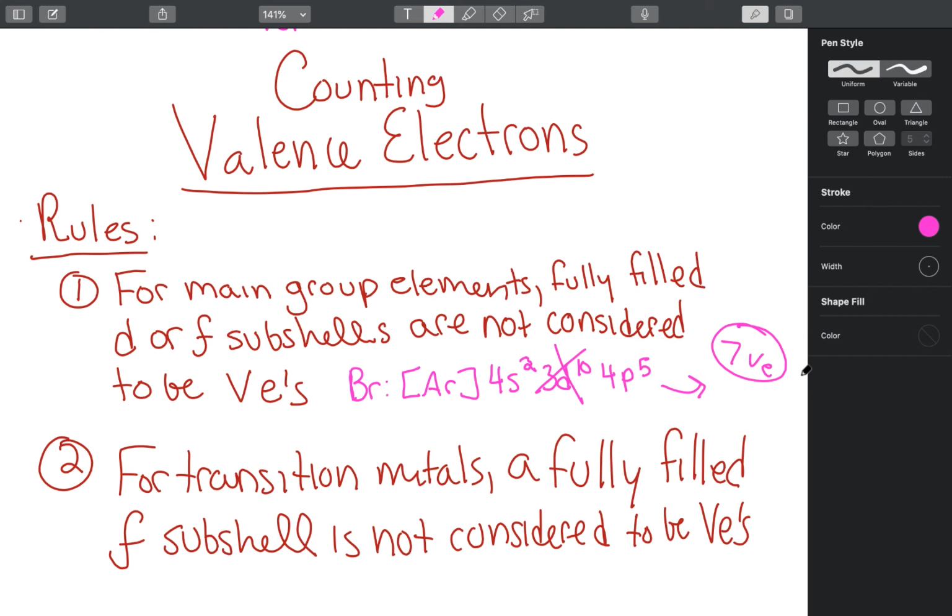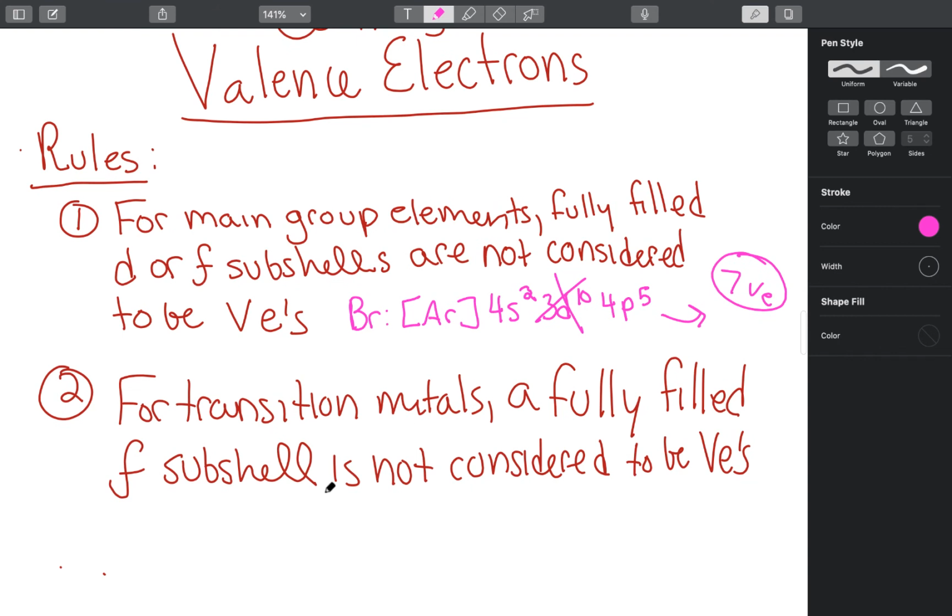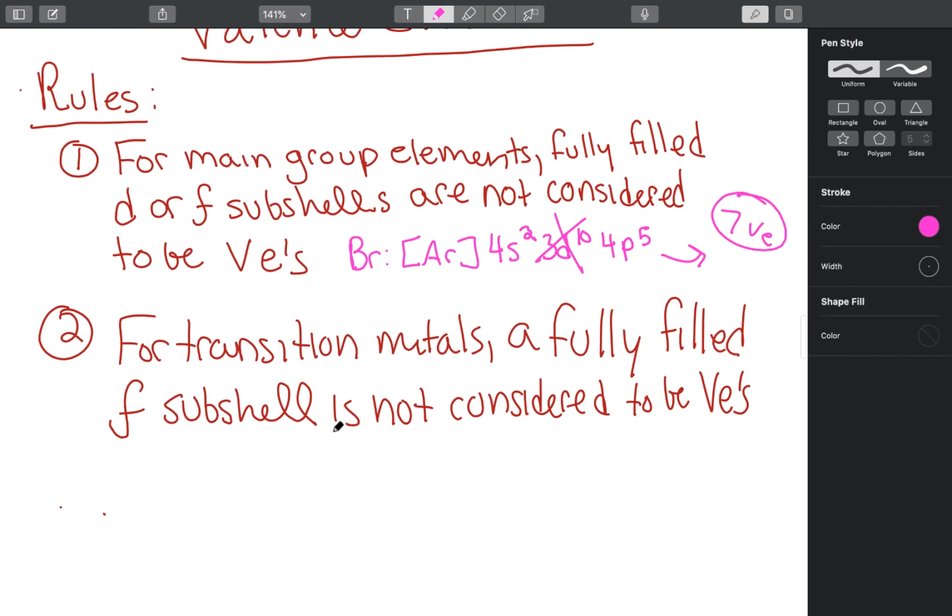So they're the ones involved in bonding and different chemical reactions. So the valence electrons are the important electrons. For transition metals, a fully filled F subshell is not considered to be part of the valence electrons count. So those are the two main rules for valence electrons and counting them.